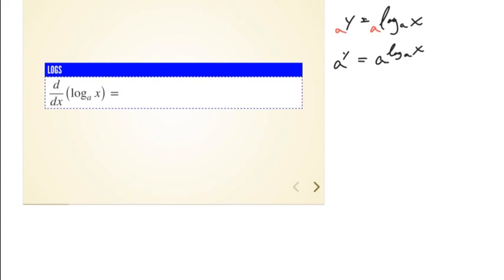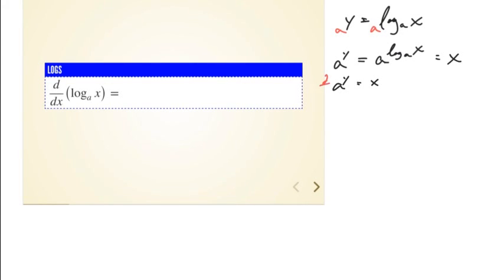Now, a to the log base a of x, think about that, log base a of x is just saying a to some number is going to give you x. But we're taking a to that number. So, what do we get? Well, this must just equal x. So that is a to the y equals x.